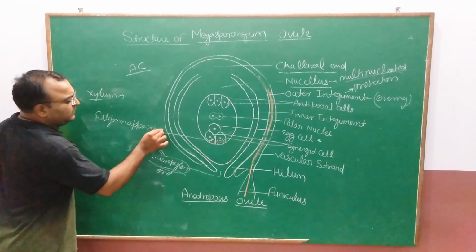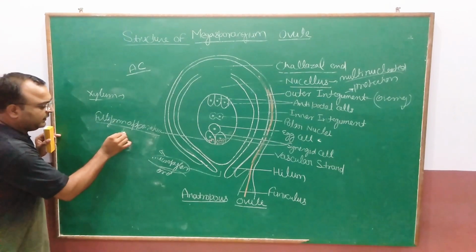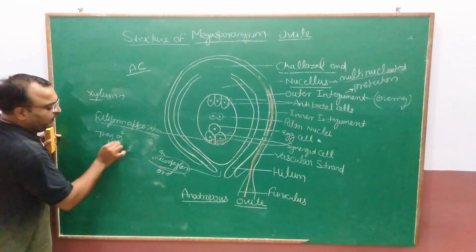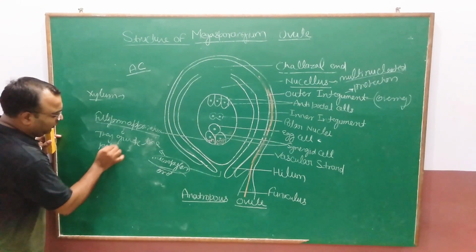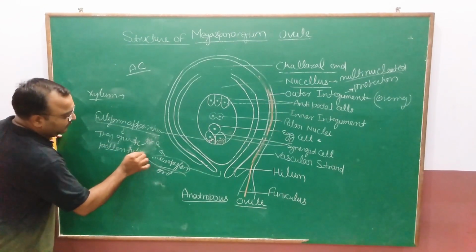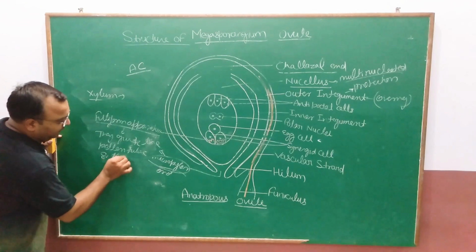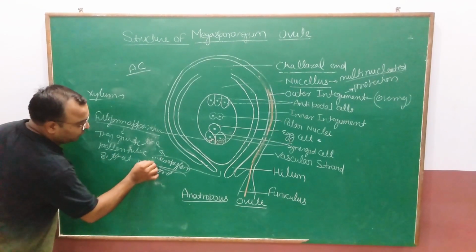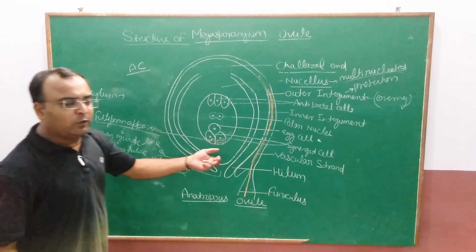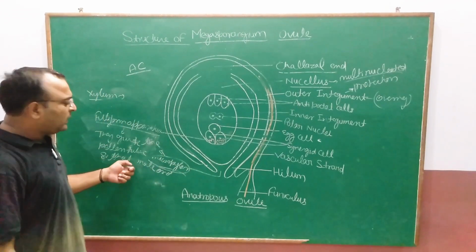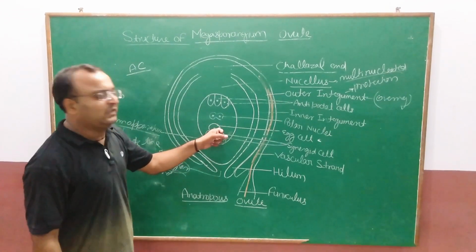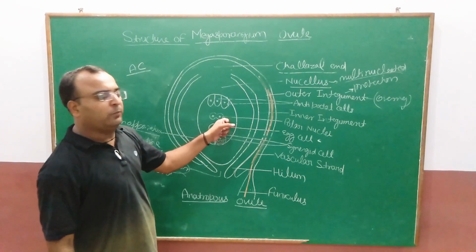So what is the function of filiform apparatus? They guide the pollen tube so that male gamete, क्योंकि you know very well inside the pollen tube 2 male gametes are present, so they guide the pollen tube so that the male gamete reach to the egg cell and centrally placed 2 polar nuclei.